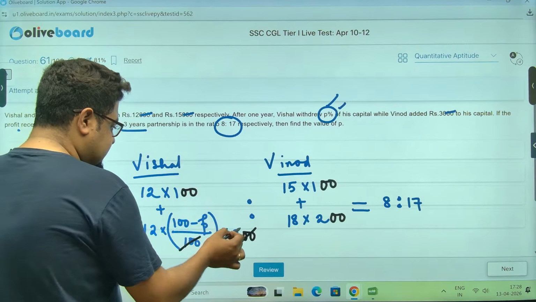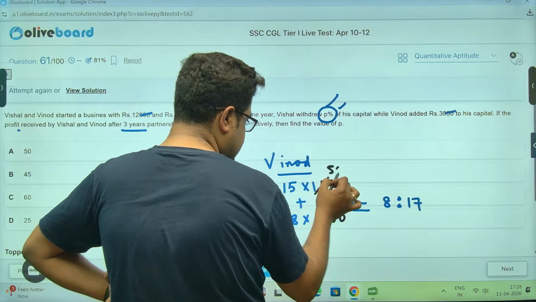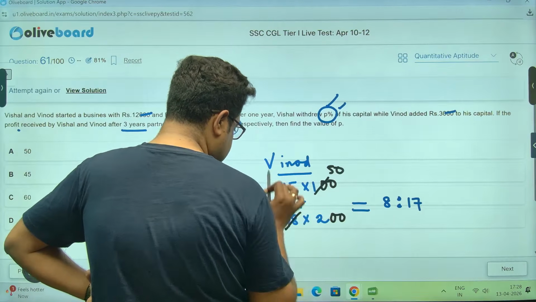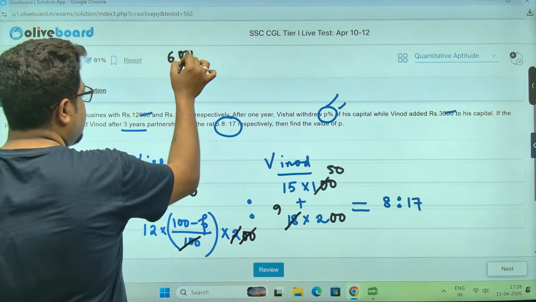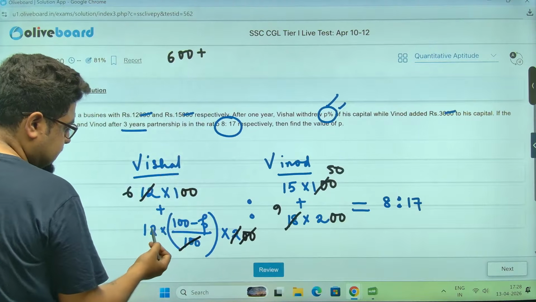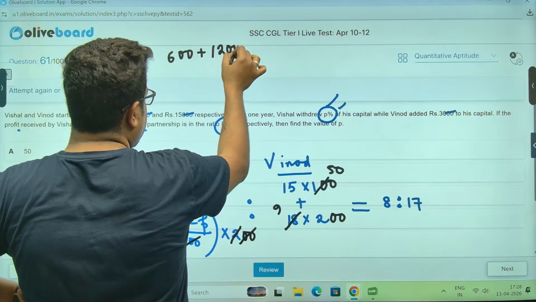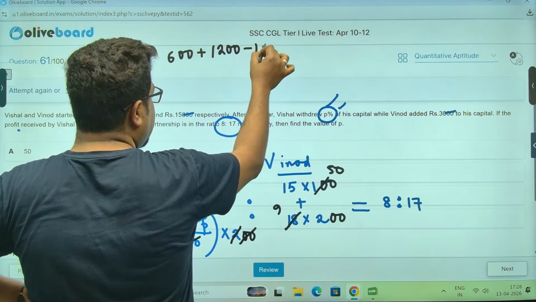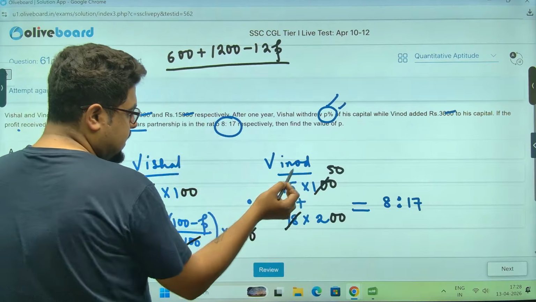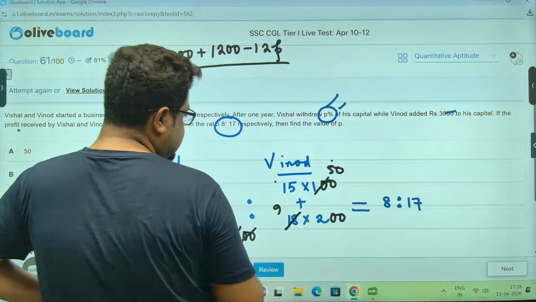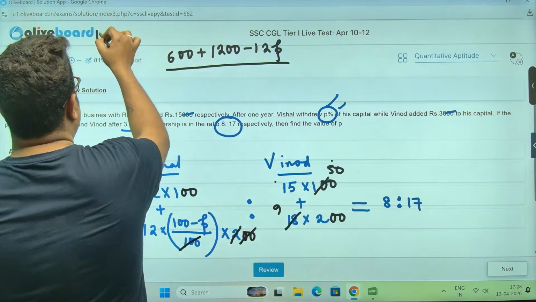So I can cancel by a 2 as well. So my ratio becomes 600 plus 1200 minus 12p, sir, divided by this one. 15 fives are 75, 750 plus 1800.